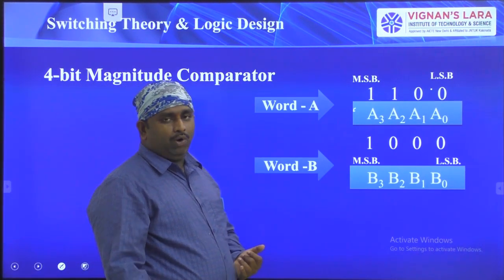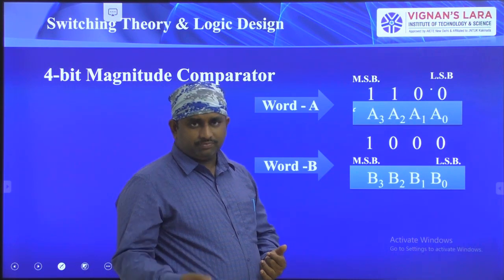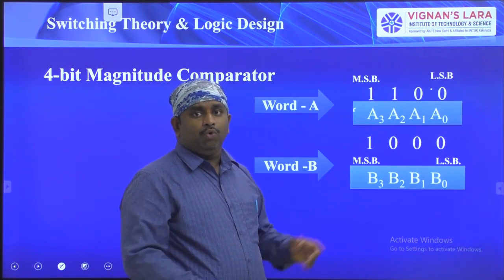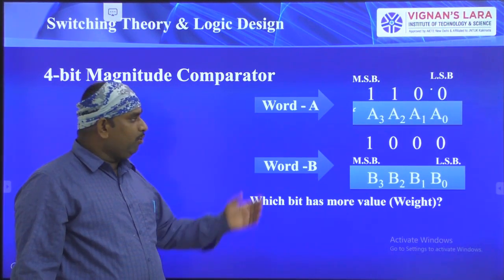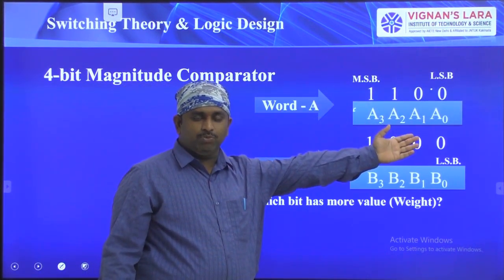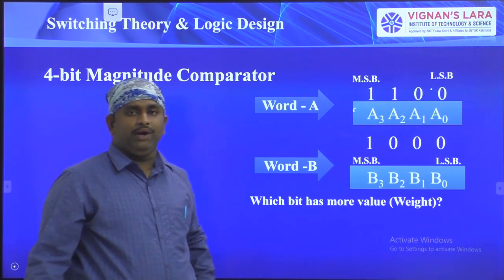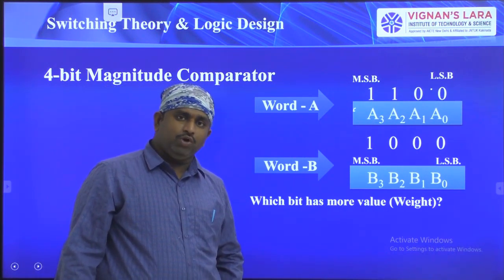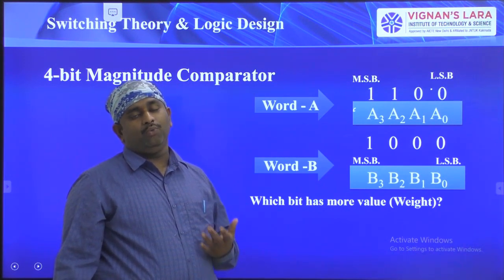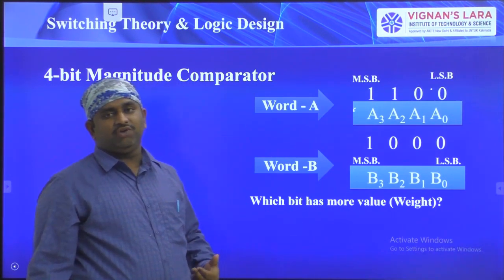See here, I want to give one more clarification. Which bit has more weightage? Does the LSB bit have more weightage or does the MSB bit have more weightage? You have to know why, because you are comparing. When you are comparing, you have to know the weightage of the LSB bit and the weightage of the MSB bit.